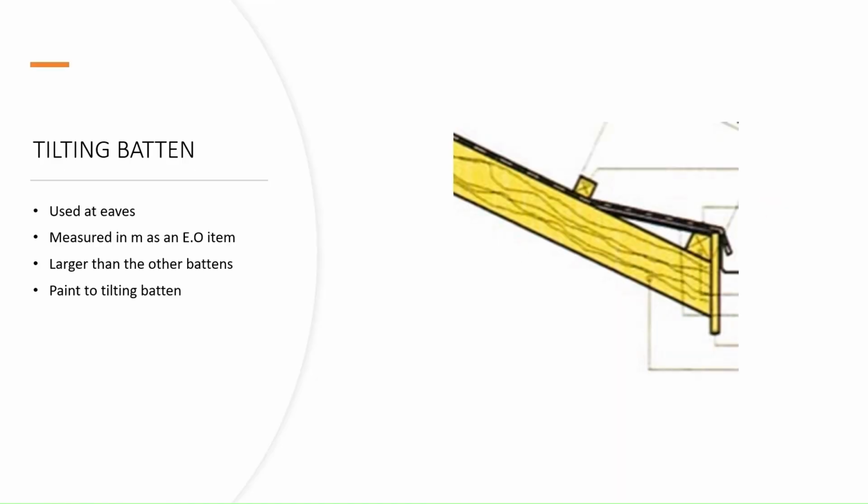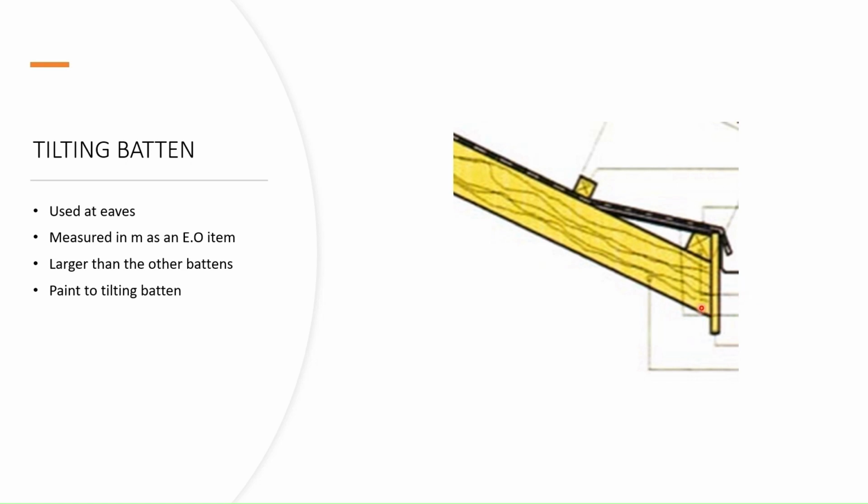Now moving on to the second last item on our measuring list, we have the tilting batten. The tilting batten is positioned at the eaves of the roof, and this is to ensure that the roof tiles align evenly. As you can see from the diagram here, the tilting batten is larger in size compared to the regular battens that are used throughout the rest of the roof, and it is measured as an extra over item.